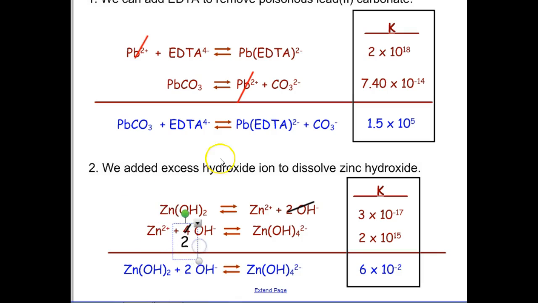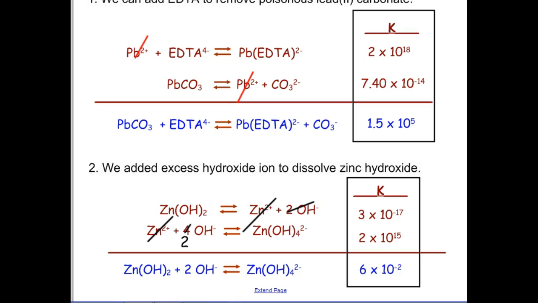Makes it 2 hydroxides, and the zinc ions also disappear. So we end up with zinc hydroxide and 2 more hydroxide ions, making tetrahydroxozincate. Multiply their equilibrium constants, and we end up with something that has a pretty good mix of reactant and product. And we're going to talk in our next lesson about how we can force it to make more of the complex ion.